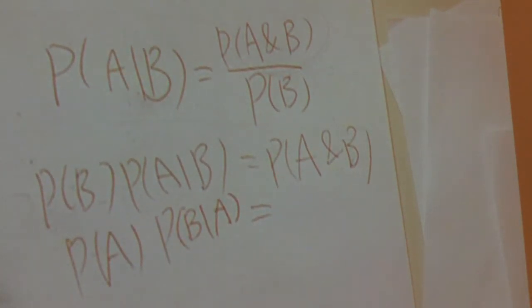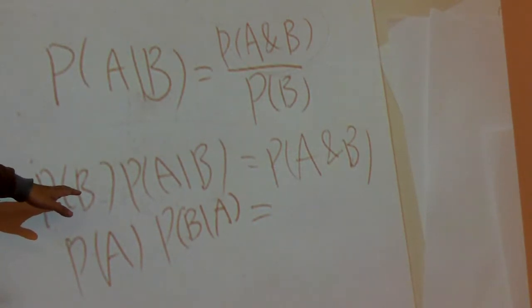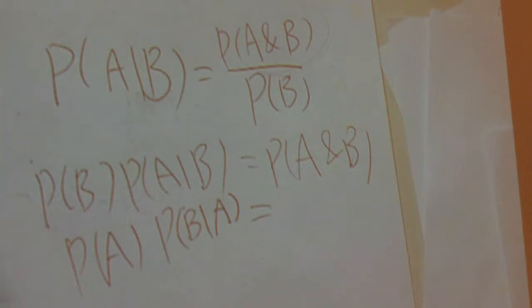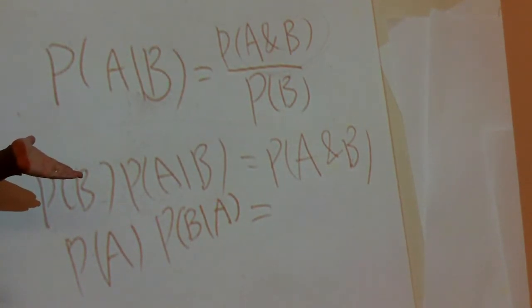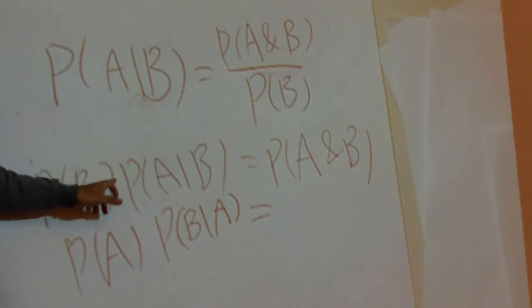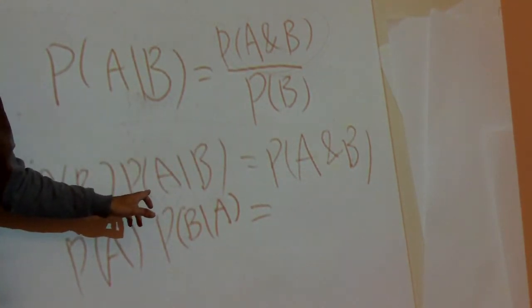Okay? So now we have a general formula for joint probability. This formula always works. Why? Because even if they are independent, this formula is still true. Because we know if A and B are independent, how about that term?